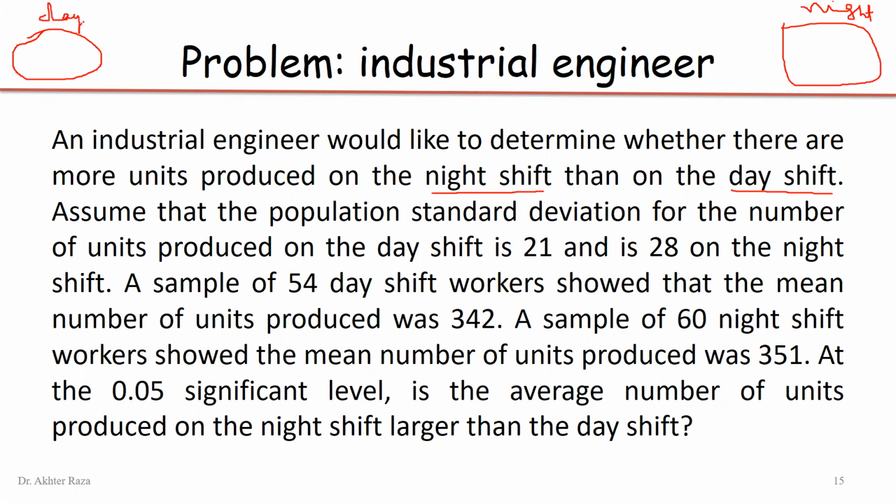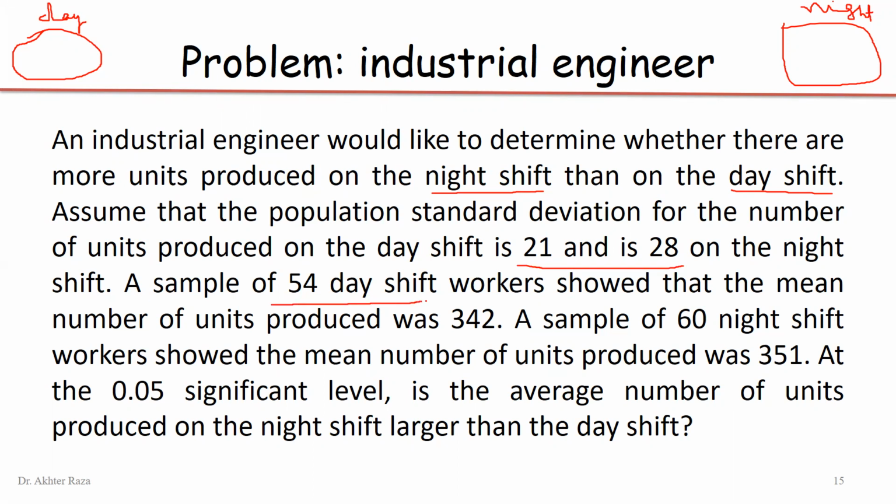From these two populations, the standard deviations of the population are given here. It is very interesting: the population standard deviation in daytime is 21 and in nighttime it is 28. Samples are selected.